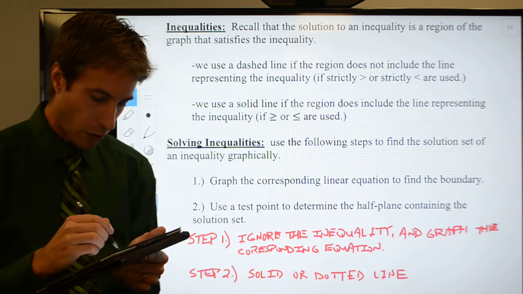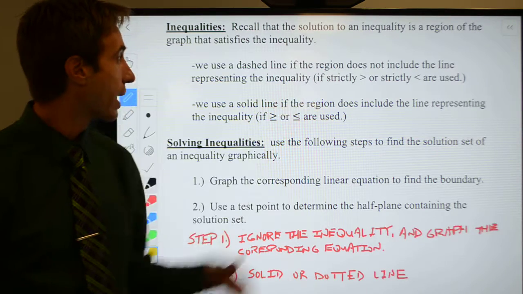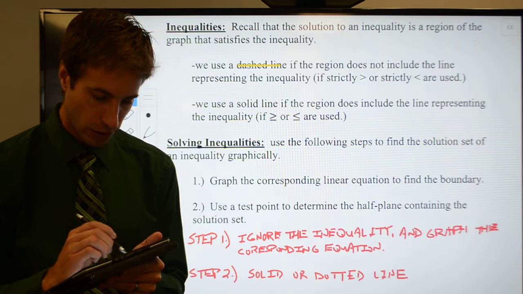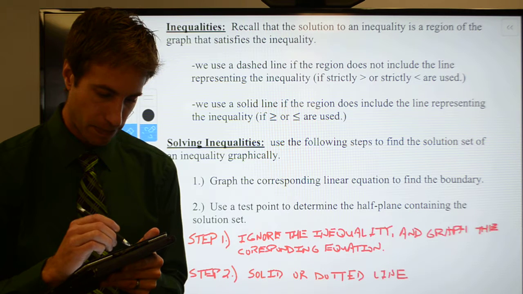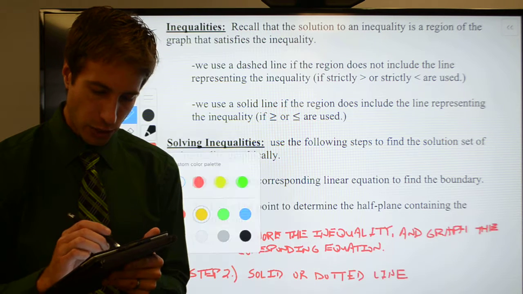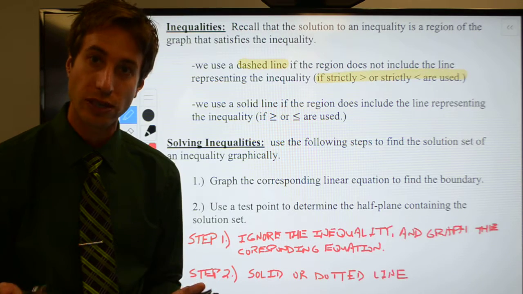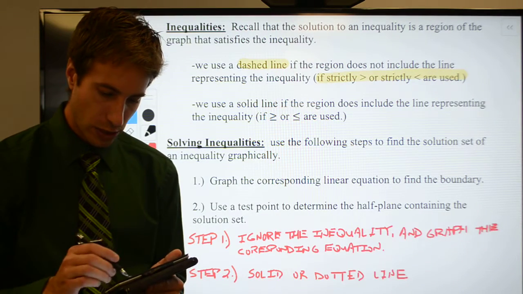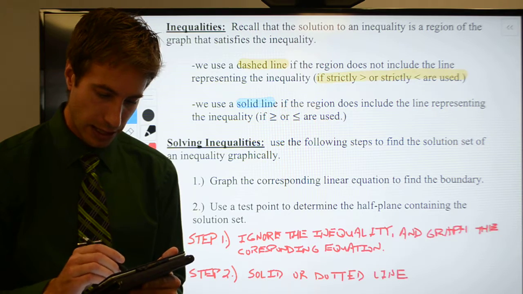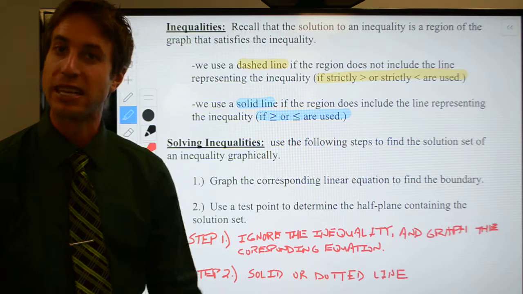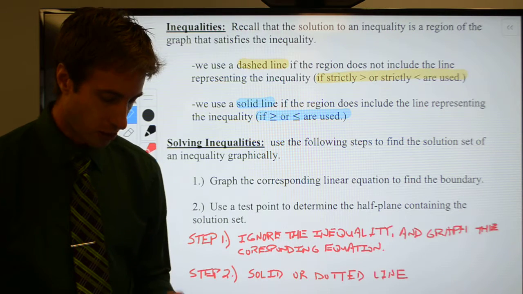I go over all of that right up here, but essentially, you will use a dashed line if you have strictly less than or strictly greater than, and you will use a solid line if you have greater than or equal to or less than or equal to. That's how you tell the difference between the solid and the dotted line.